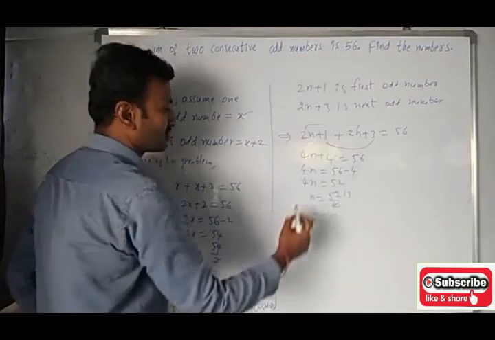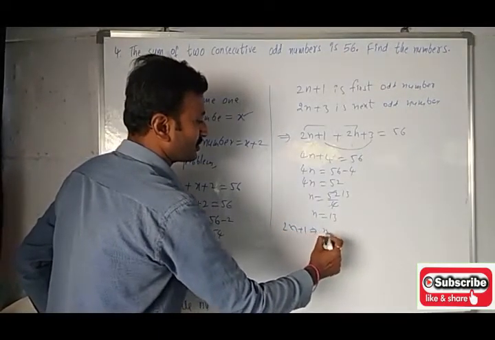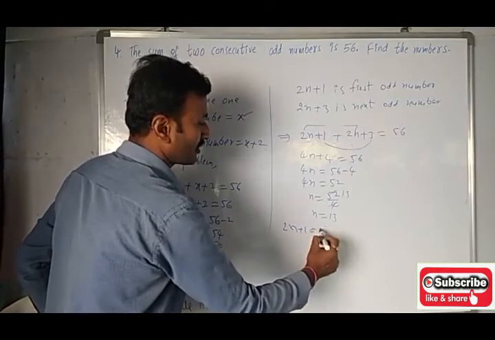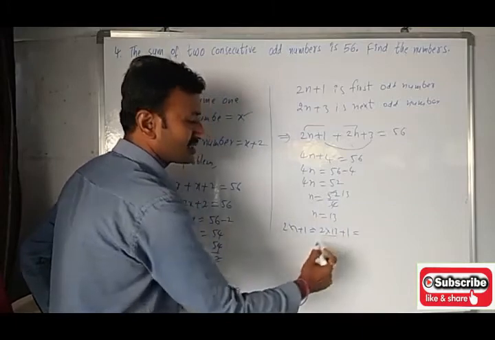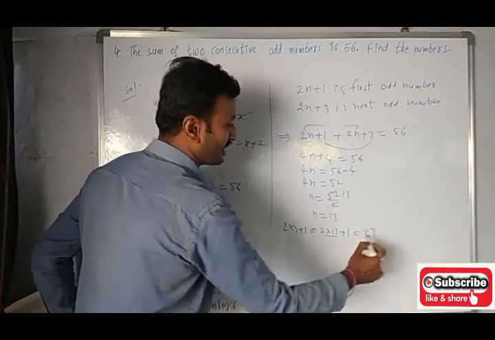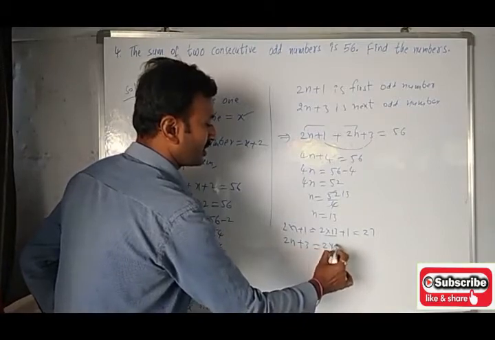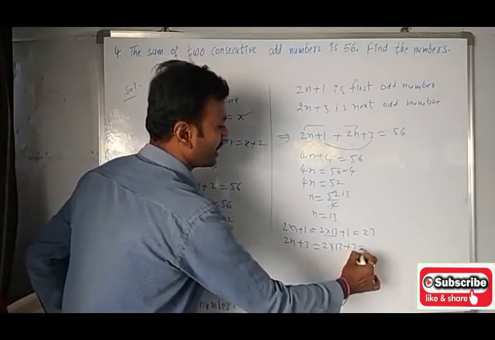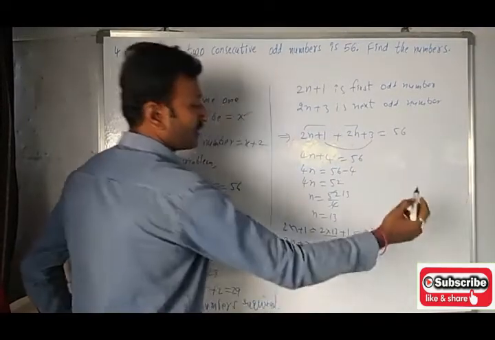So let us substitute. 2n plus 1 is equal to 2 into 13 plus 1. 2 into 13 how much? 26 plus 1, 27. Now 2n plus 3: 2 into 13 plus 3. 2 13s are 26 plus 3, 29.